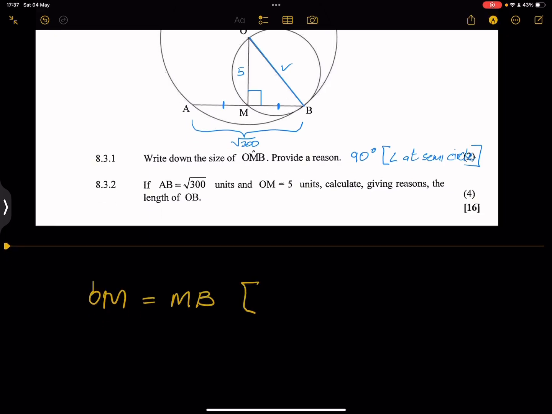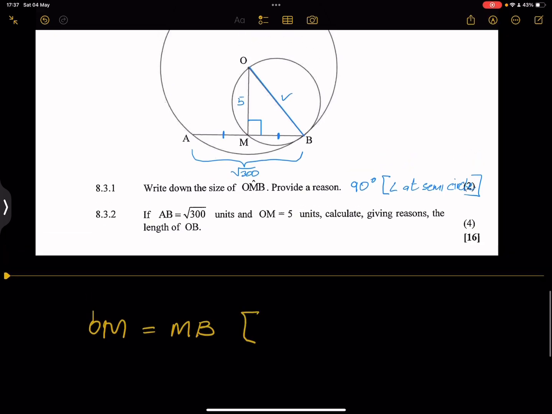Right, we are just simply going to say a line from the center is perpendicular to the chord. Okay, right, we know if a line from center is perpendicular to the chord, it bisects that chord.